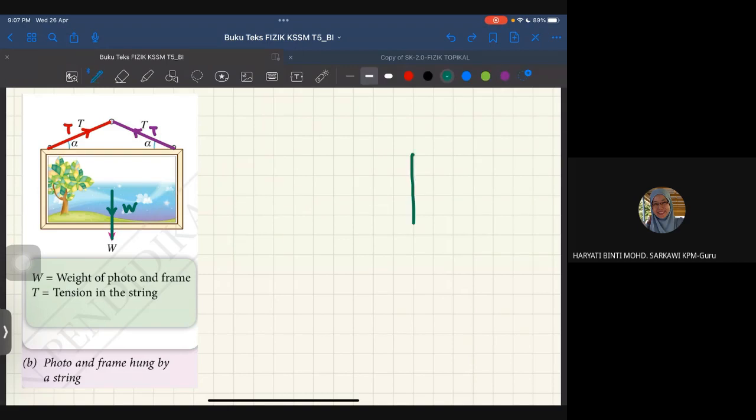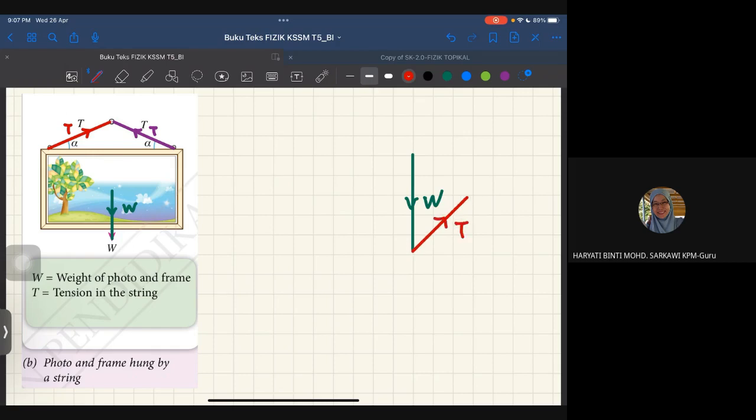So let's say this is W, and then red T. So this is the T, the red T like that.